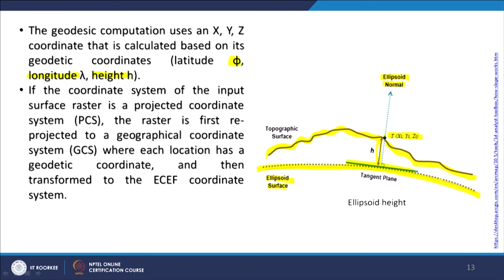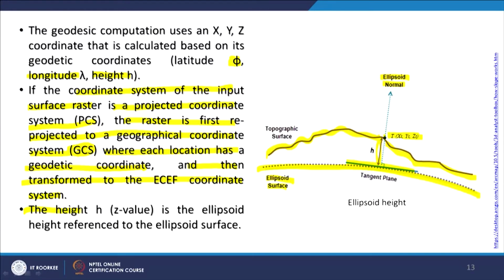If the coordinate system of the input surface raster is a projected coordinate system, the raster is first reprojected to a geographic coordinate system, that is GCS, where each location has a geodesic coordinate, and then transformed to the ECEF coordinate.